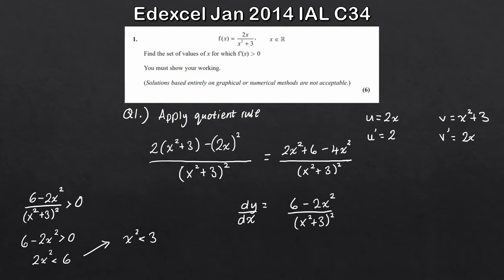Now we need to find the set of values for this. In my opinion, it's easiest to draw a sketch here. It's a little bit all over the place, but just so you get the idea. This would be x squared minus 3 is less than 0. So where is it under the x-axis?